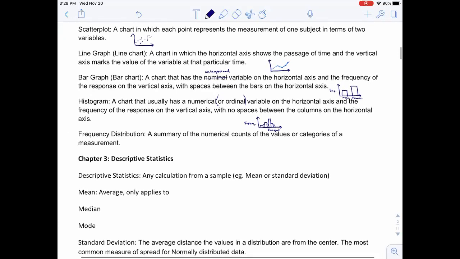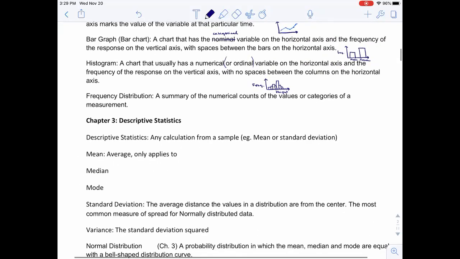And then a frequency distribution is just a summary of the counts of the values, usually presented as a table. And one thing that I would add in here is our cumulative frequency distribution.